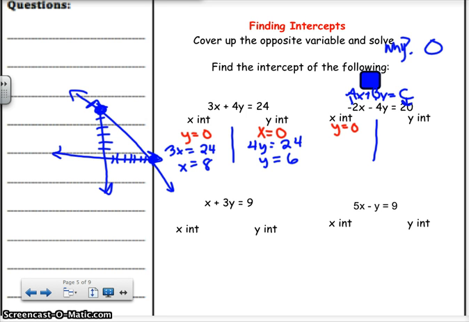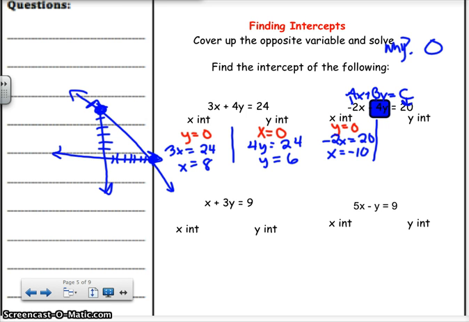I'm on that x-axis. When y is 0, I can just cancel it out. Do you see what I have then? Negative 2x equals 20. X is negative 10. So that says I cross the x-axis at negative 10.